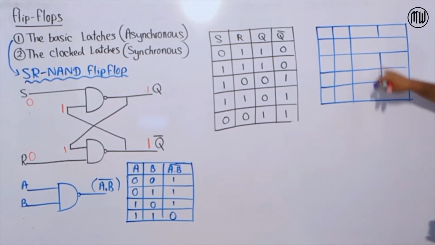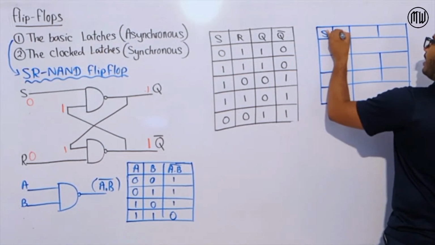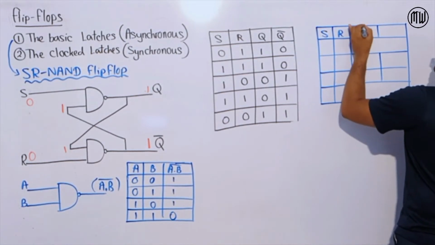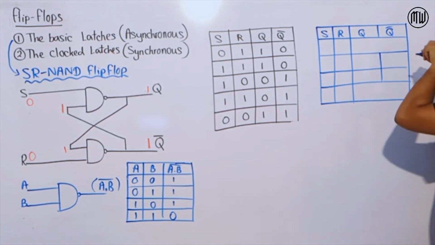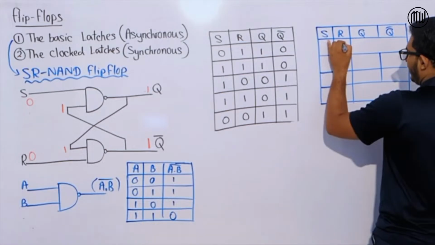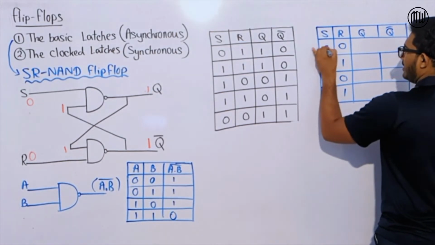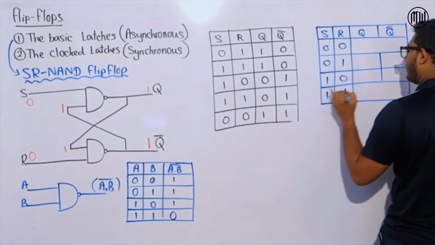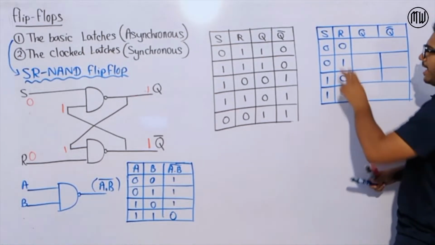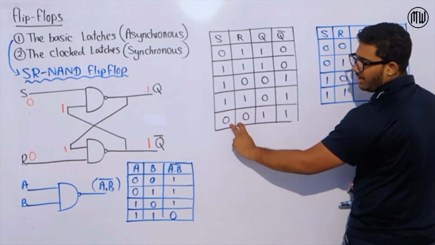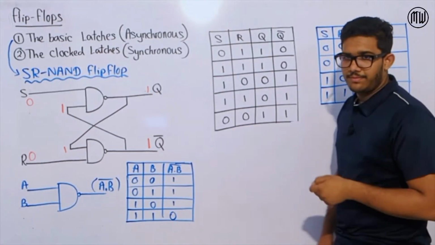It looks a bit weird. You'll see why. We have S, R, Q, and Q bar. We have our usual inputs 0, 1, 0, 1, 0, 0, 1, 1. So what happened when there were two zeros? When there were two zeros, the outputs came as 1 and 1, right?